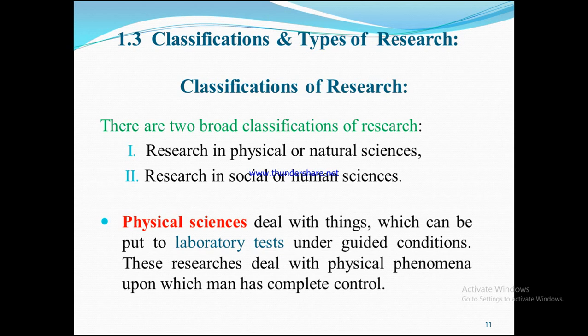In classification of research, we have two broad classifications: research in physical or natural science, and research in social or human science.